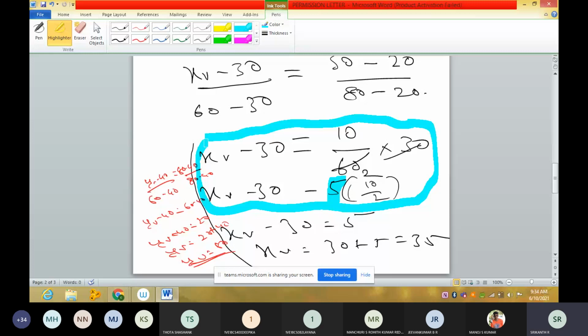The minus 30 on this side becomes plus when it comes to the other side. So you will be getting xv as 35.